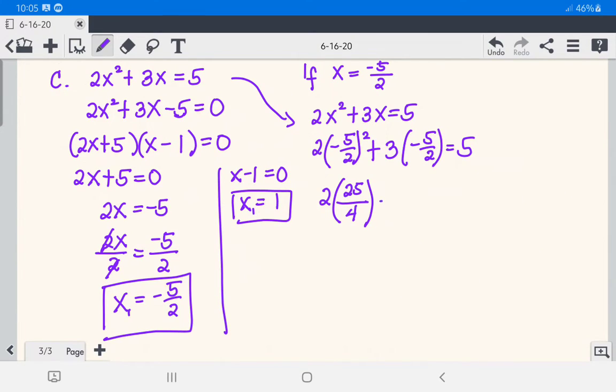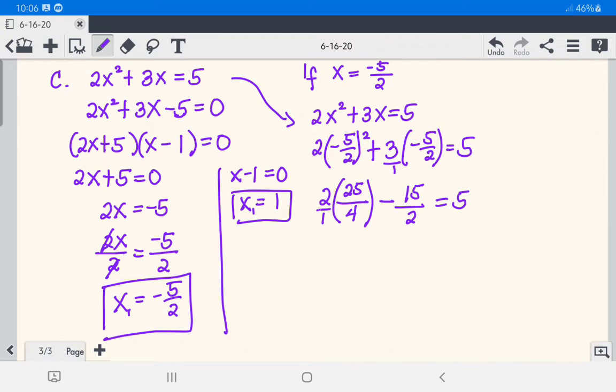You have to remember that the denominator of 3 is 1. So multiply the numerators, multiply also the denominators. So 3 times negative 5, that is negative 15, over 1 times 2, we have 2. Then equals 5.